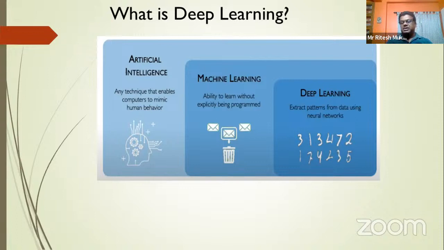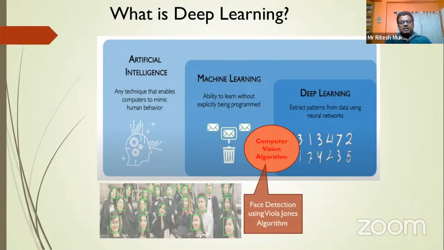Based on that, he classifies it and behaves accordingly. The computer is also doing a similar thing. It is trying to extract the pattern, and based on the pattern, you act accordingly, depending on the program written in the backend. Computer vision algorithms lie between machine learning and deep learning nowadays.